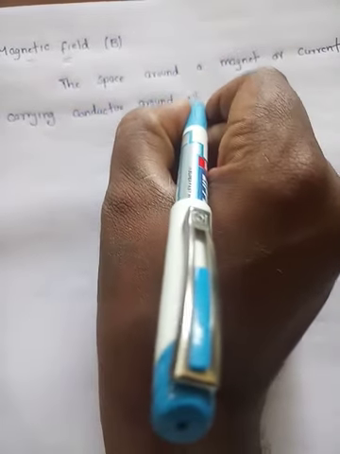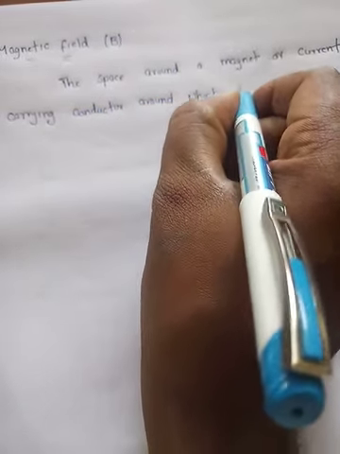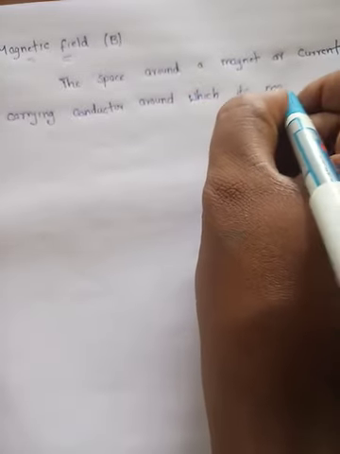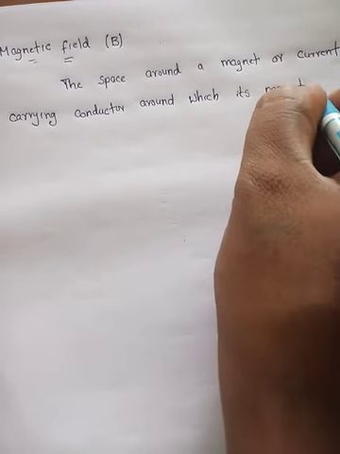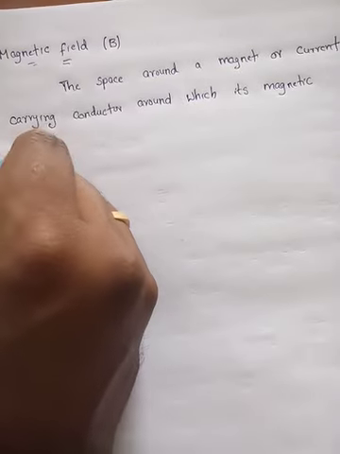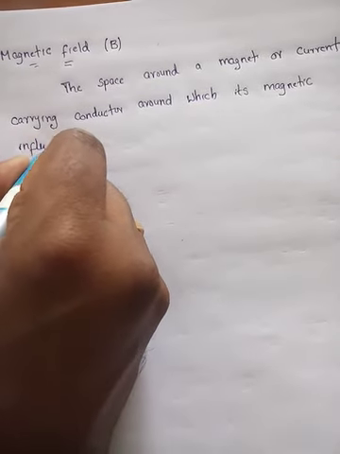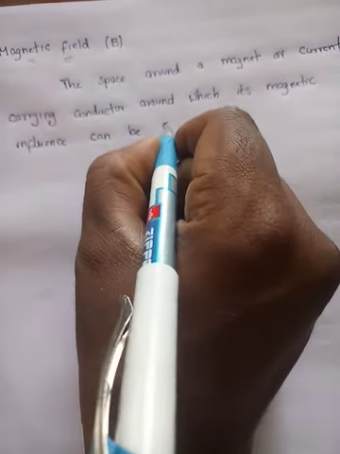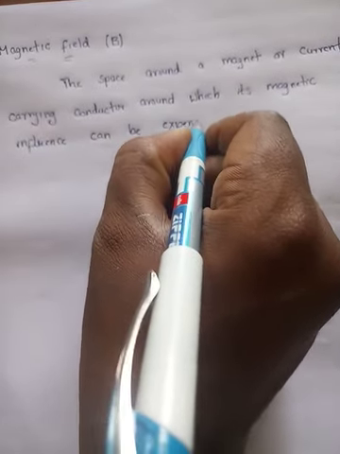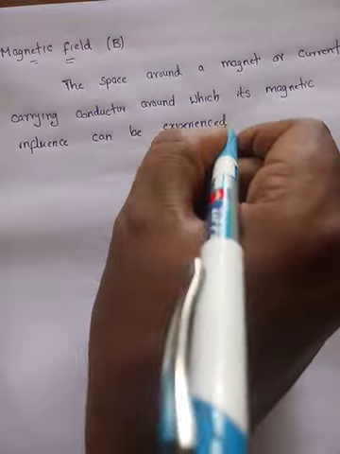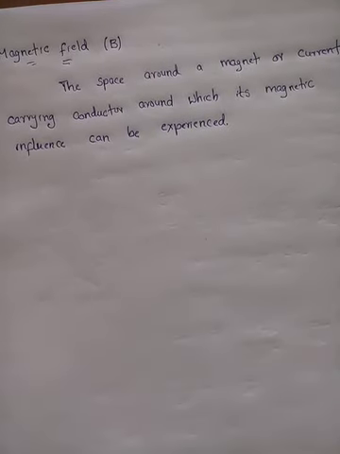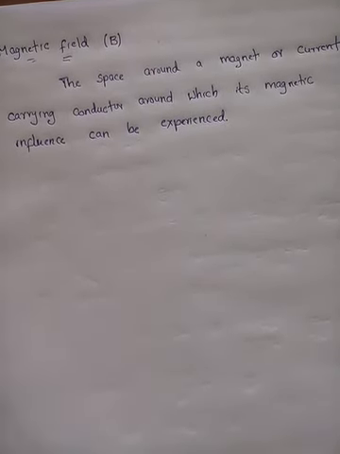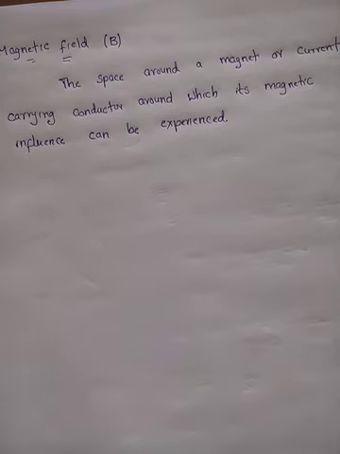Okay, the space around a magnet or current carrying conductor around which its magnetic influence can be experienced.